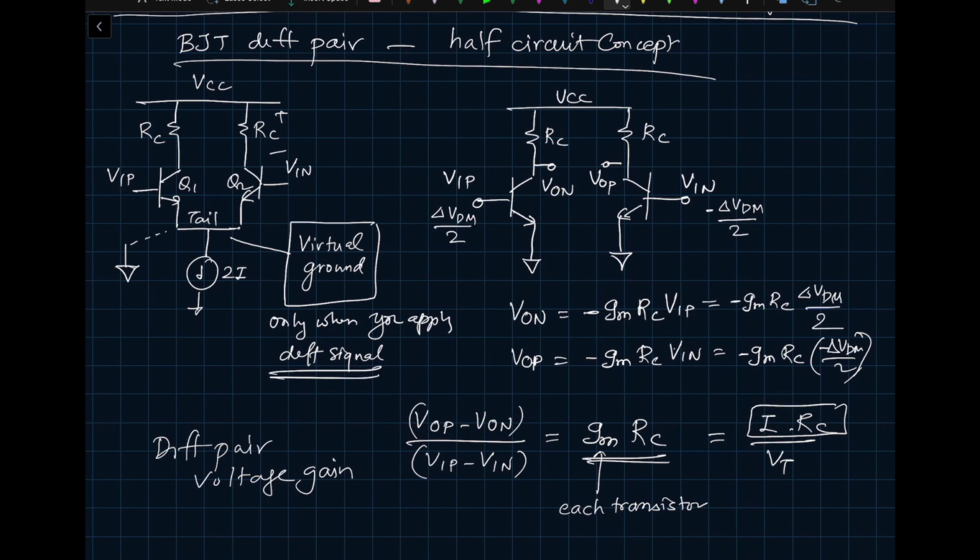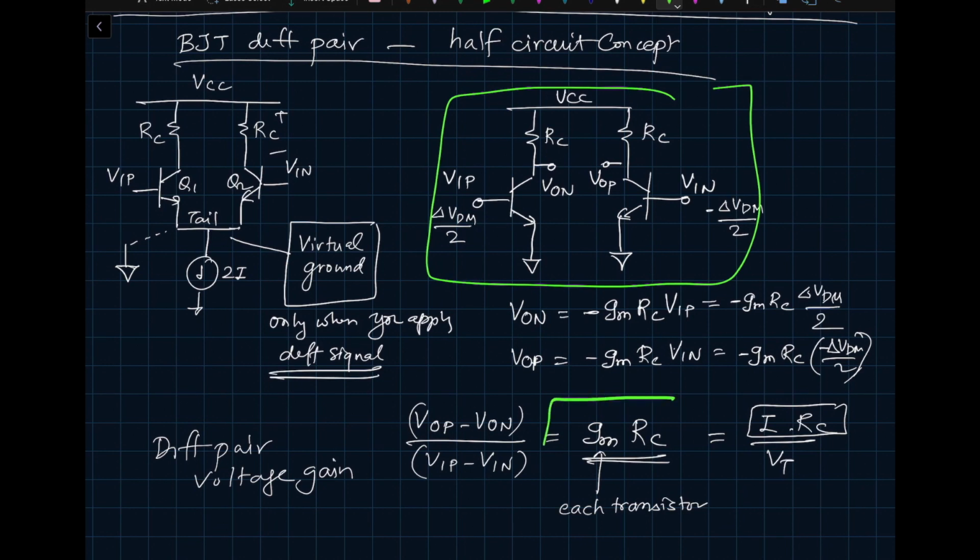So then I can simplify the circuit as shown over here, and we calculated the gain to be gm times RC. Note that we did not have a negative sign here, because the negative sign has been taken care of when we label the nodes. For example, if this is VIP, then this is labeled VON. So the inversion is already taken into play.